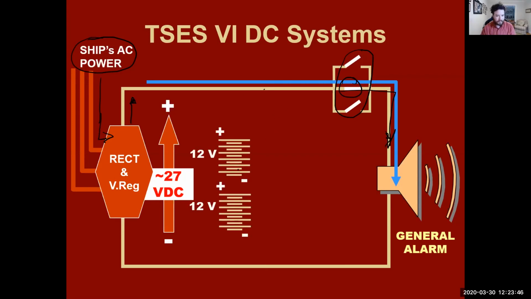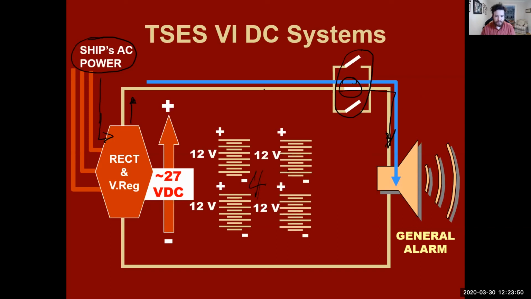Now, we have 4 batteries that back up our ship's power. Because most of the time, if our general alarm is going off, unless it's an actual drill, we're going to need our backup power to signal it. So in this configuration, the ship's power comes in and goes to 2 places.